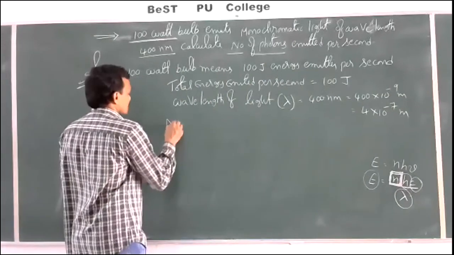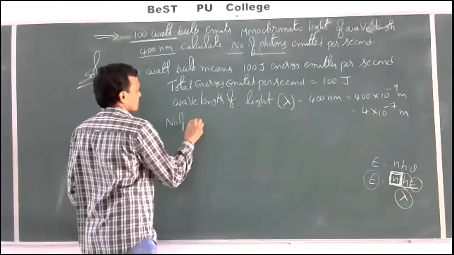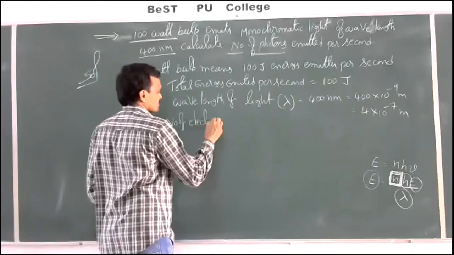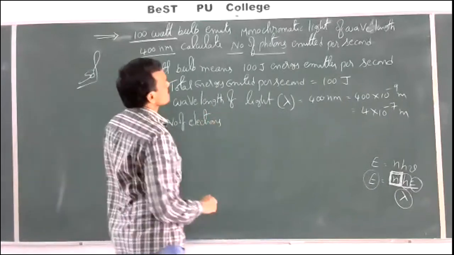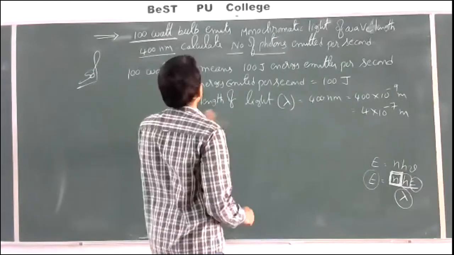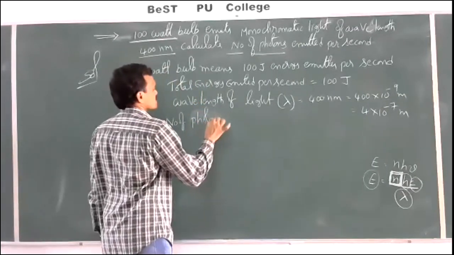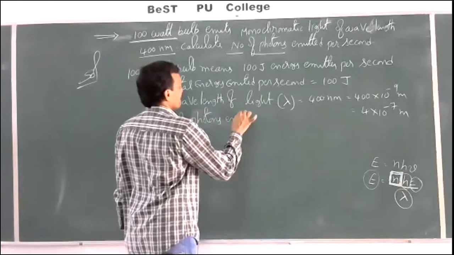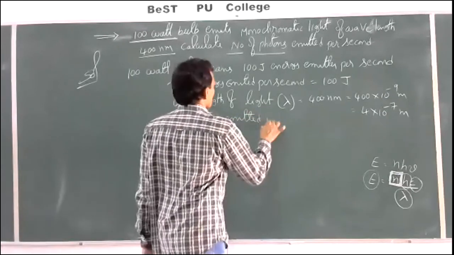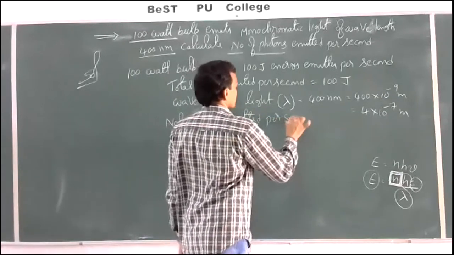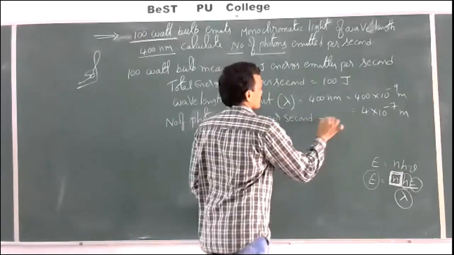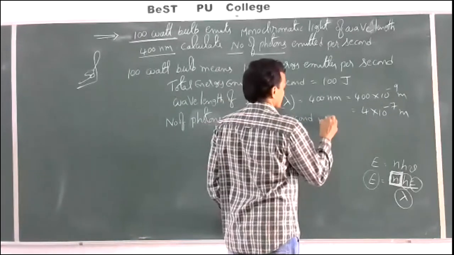So what do you want to calculate? Number of photons emitted per second, this is n.